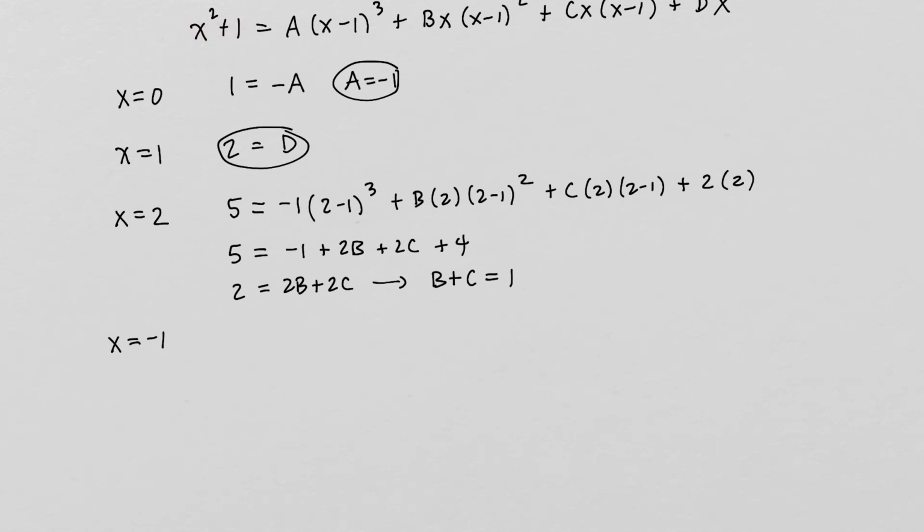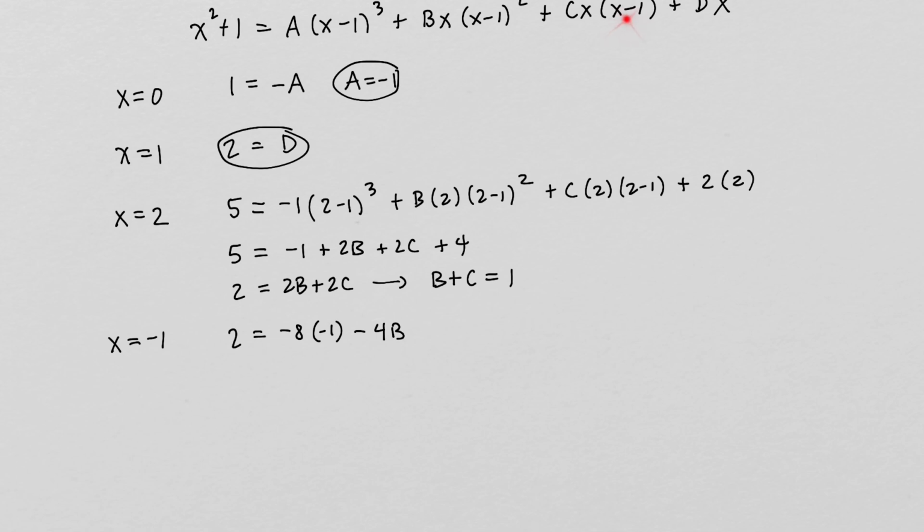Putting negative 1 into here, we're going to get 2. When we put negative 1 in here, we get negative 2 to the third, which is negative 8 times a. So that's going to be negative 8 times negative 1. Then, letting x equal negative 1 here gives us negative 2 squared, which is 4, times negative 1 is negative 4 times b, so minus 4b.